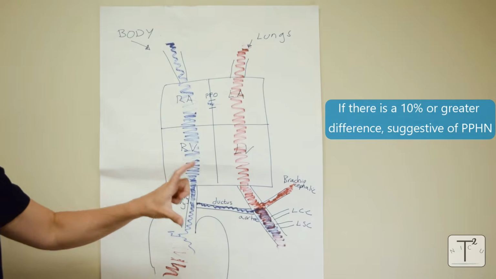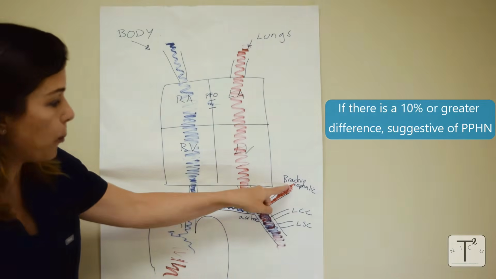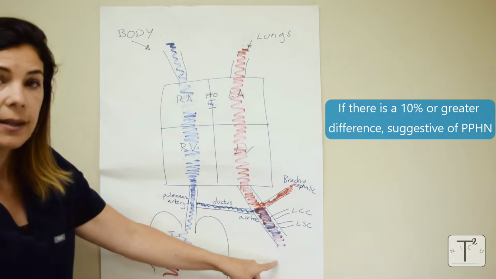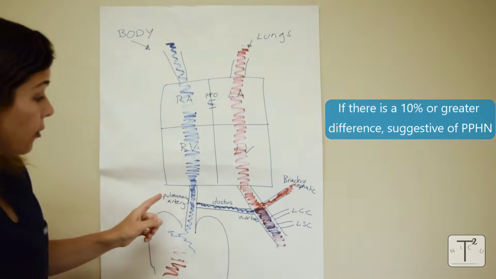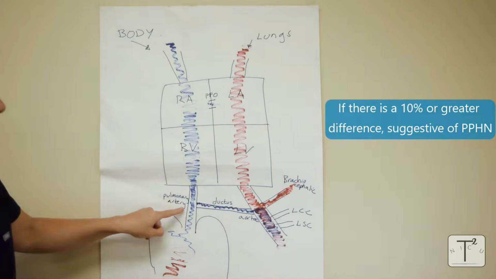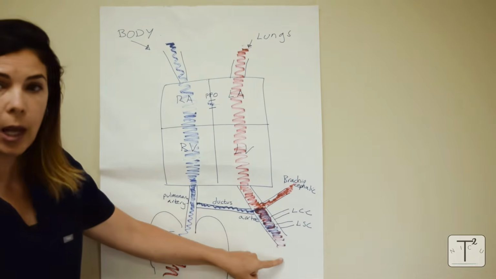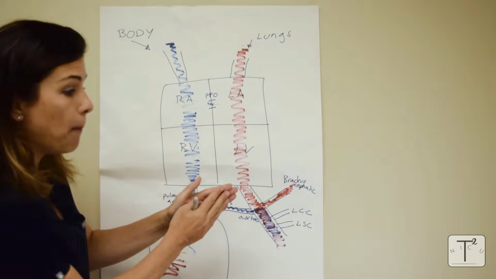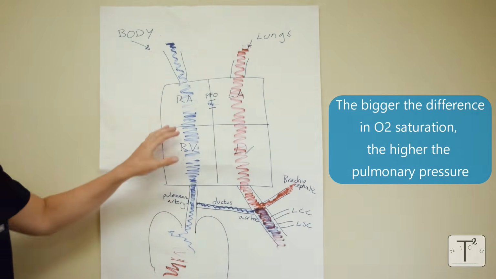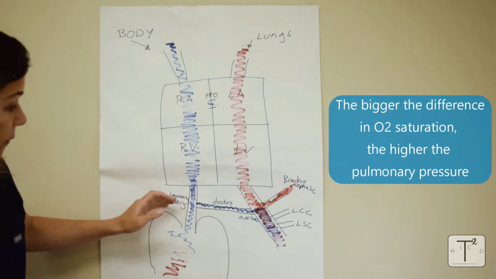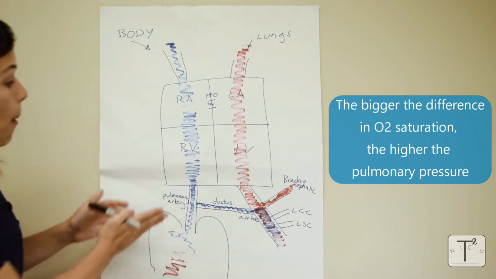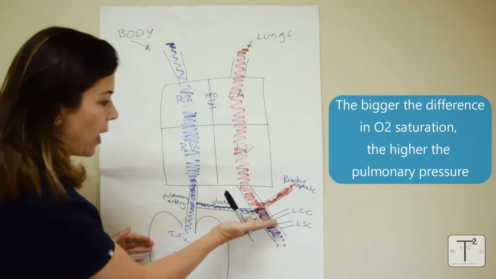If we see a big oxygen saturation difference between the pre and the post-ductal sat, then we have to assume that the reason why that's happening is because we're having more shunting of that blue blood from the pulmonary artery into the aorta. And you can imagine that the bigger that oxygen saturation difference, the bigger the proportion of that shunt is, and therefore more of that blood is going from right to left.